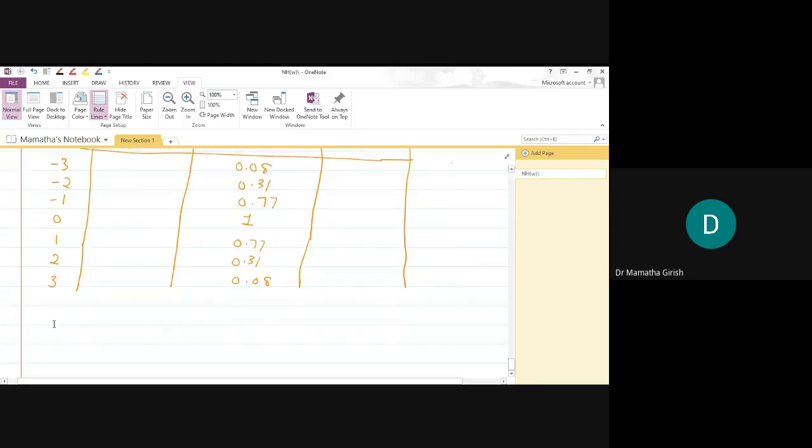Now the question asked is, how do you use the same windowing function for the impulse response h of n, for the range n lying between 0 to 6? In the problem defined, the value of n is varying from -3 to +3.